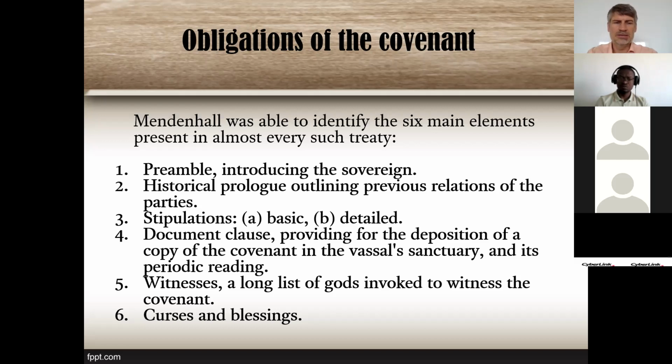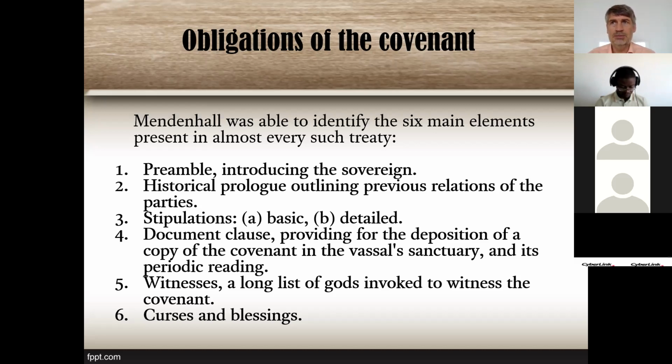Usually the witnesses were the gods, because they didn't want the covenant to be broken, so they called God to be the witnesses of this covenant. And the last section is the curses and blessings of the covenant. So if I am faithful to the covenant, I would have some blessings, some consequences. And if I violate the covenant, I should expect some curses in my life.